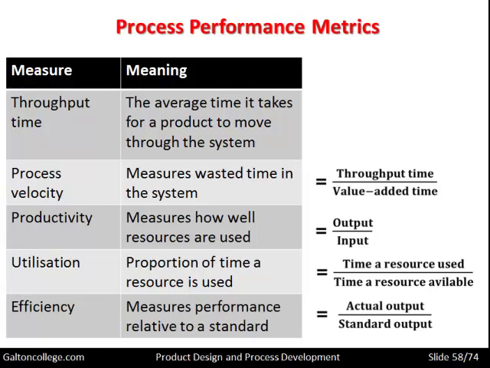And efficiency measures performance relative to a standard. So we have the actual output over some standard output, which measures the efficiency. We look at the actual output from a department in terms of number of items produced, and we compare it to what the management consider it should have been, which is an indicator of the efficiency of the department.